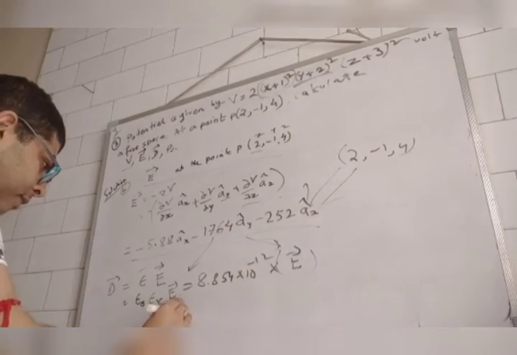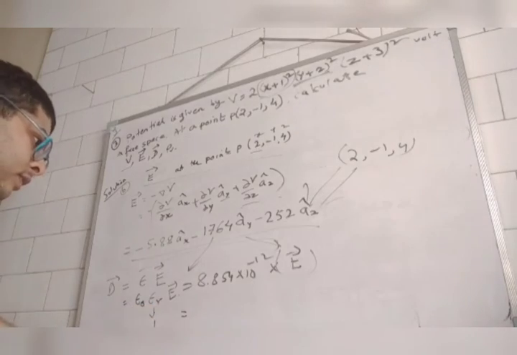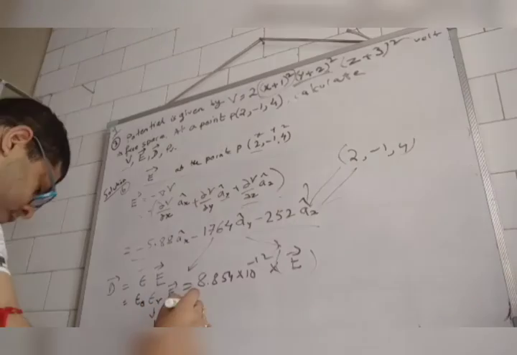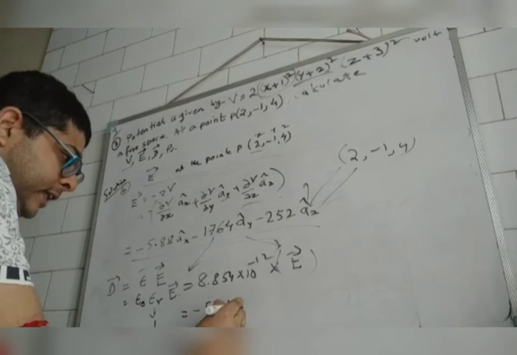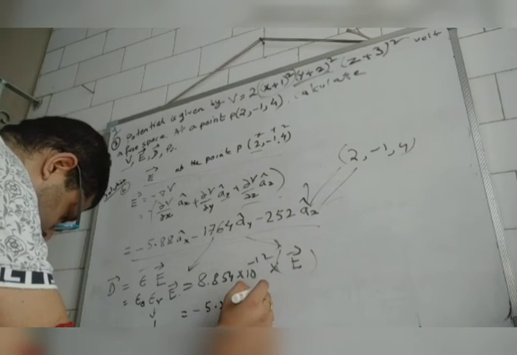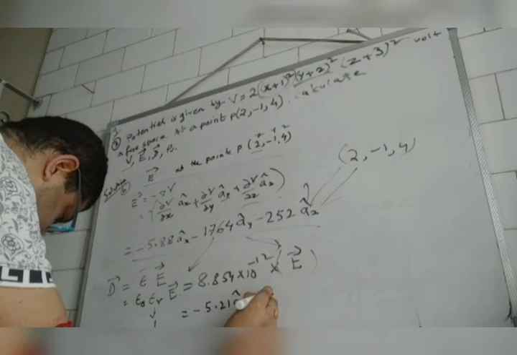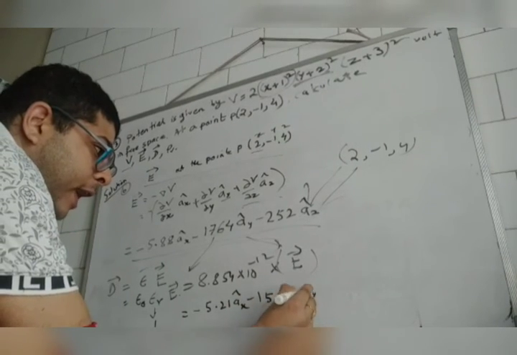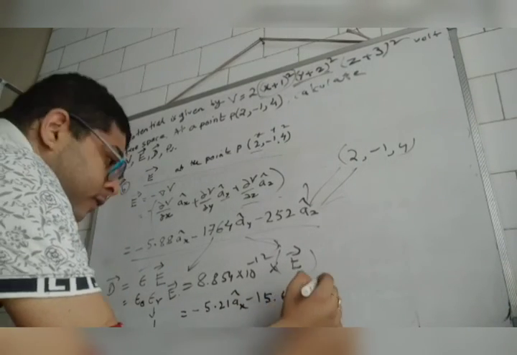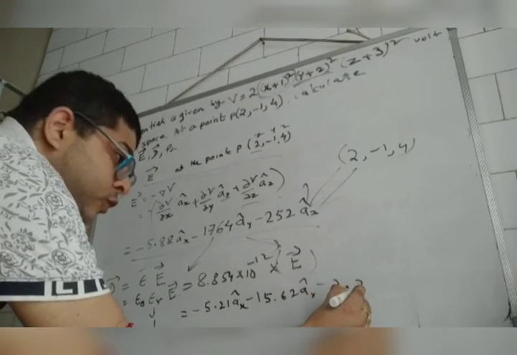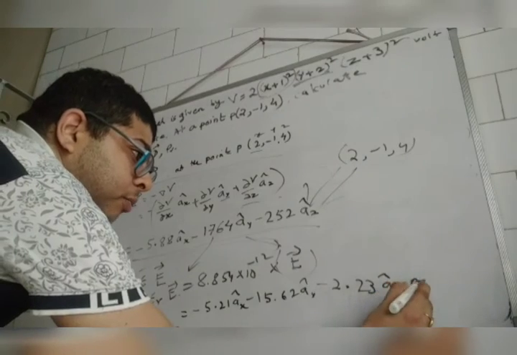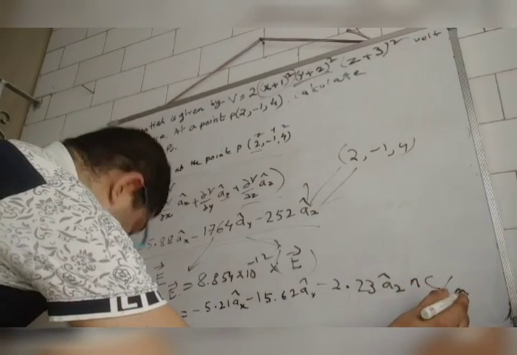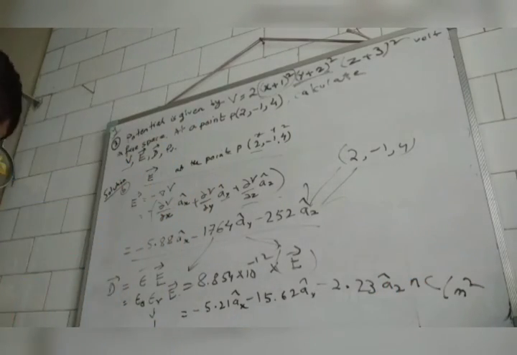If you multiply it, you will be getting minus 5.21 ax cap, minus 15.62 ay cap, minus 2.23 az cap, and your unit should be nanocoulomb per meter square.